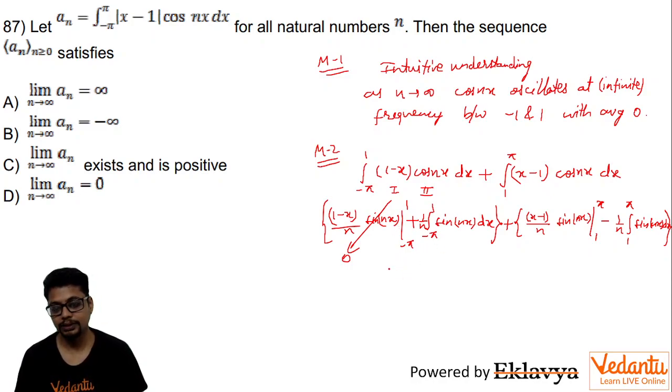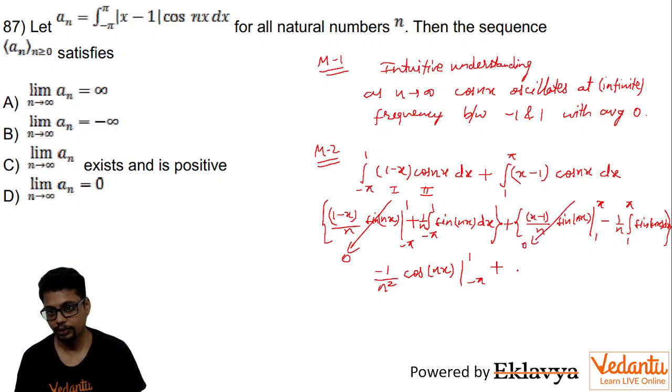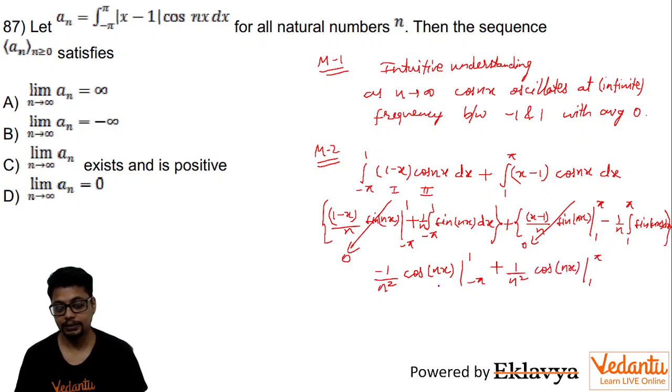And what about this? This is minus 1 by n square cos nx from minus pi to 1. Similarly at pi sin nx becomes 0, and at 1 x minus 1 becomes 0, so even this is 0, and what you get is plus 1 by n square cos nx from 1 to pi.